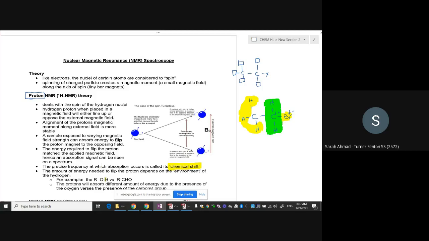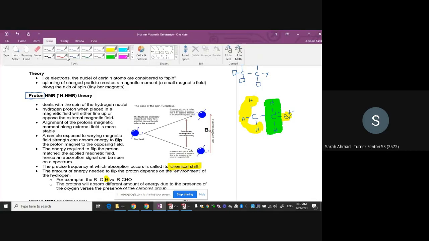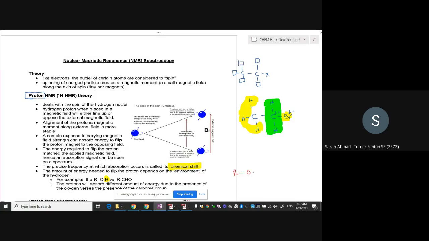For example, the hydrogen of an alcohol will be in a different environment as compared to, let's say, a carbonyl hydrogen. So, for example, an aldehyde.